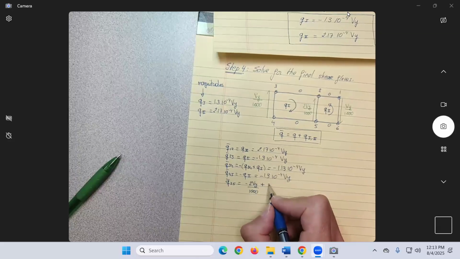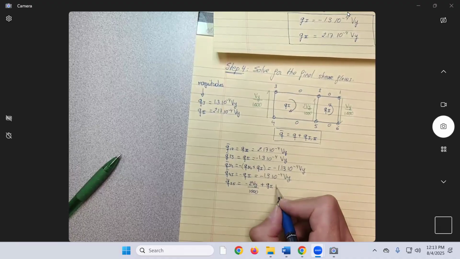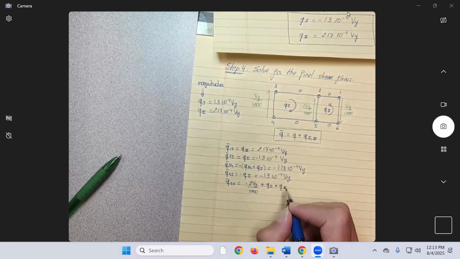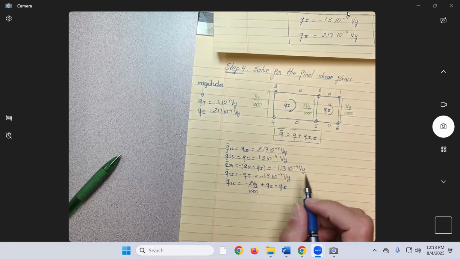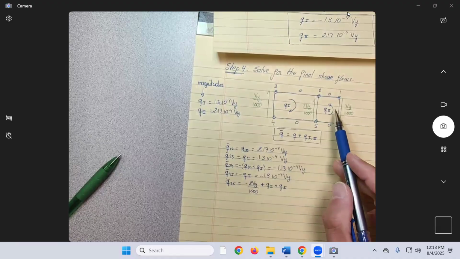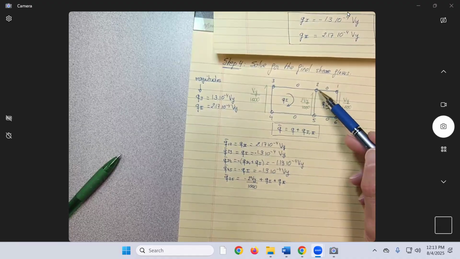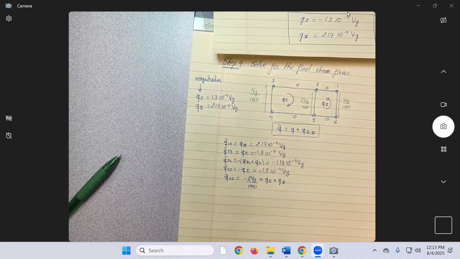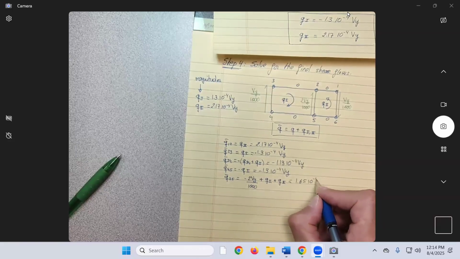Plus Q1 plus Q2. No, minus Q2. Wait, 25 is going down, so this one is going opposite. So Q1 is going from 2 to 5, and 25 is also going from 2 to 5. So if you do this, it gives you Q bar 25, 1.65 10 to the minus 4 Vy.